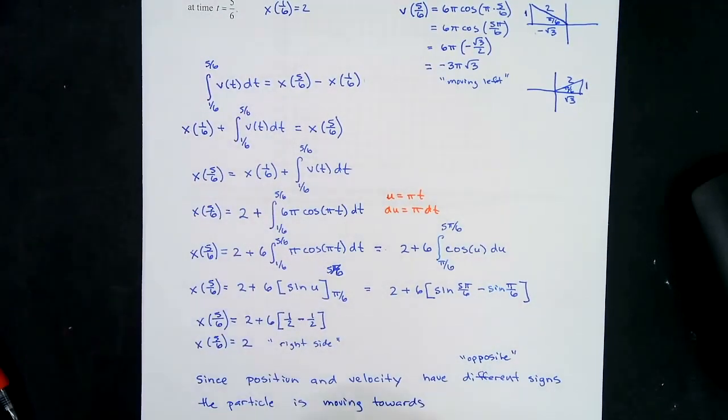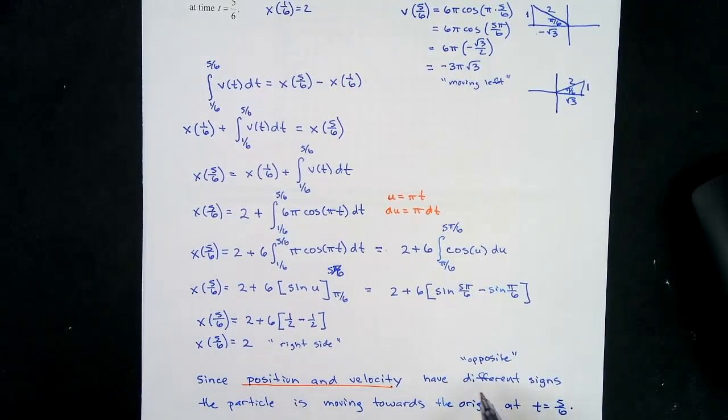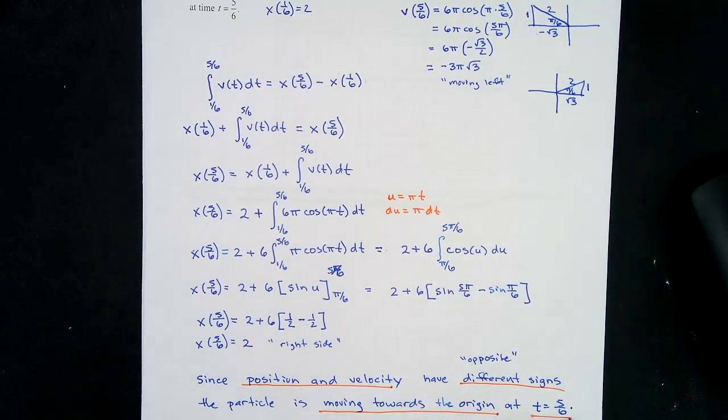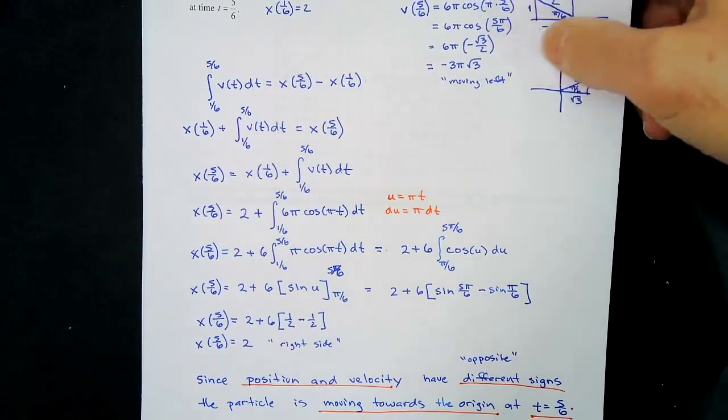Okay, it's moving towards the origin at t equals 5/6. All right, so you're going to have to pick between these and either say different signs or opposite signs, and moving towards the origin, and then at t equals 5/6. So we got to include all of that in our rationale of why.